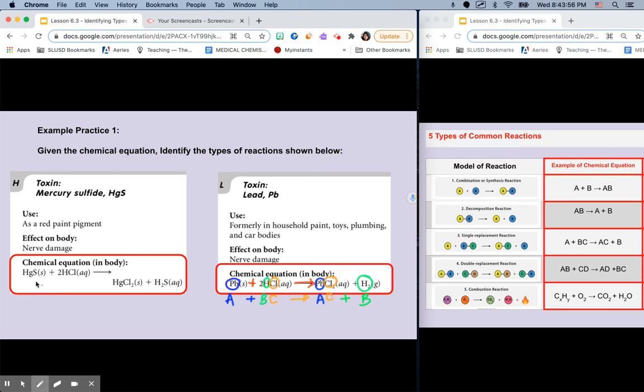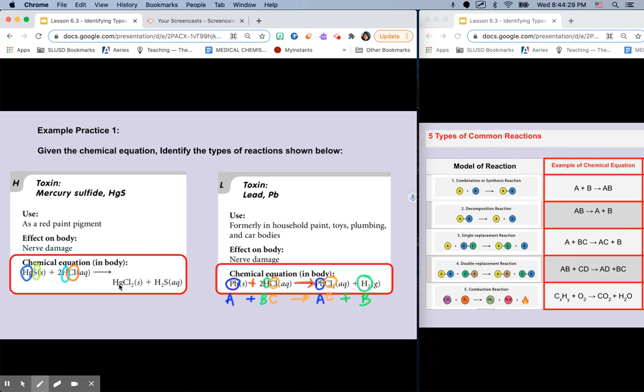I also don't see an element that's single here, because here we have Hg that's bonded with S, and then I have H that's bonded with Cl, right? So I have two couples that are bonded together, right?